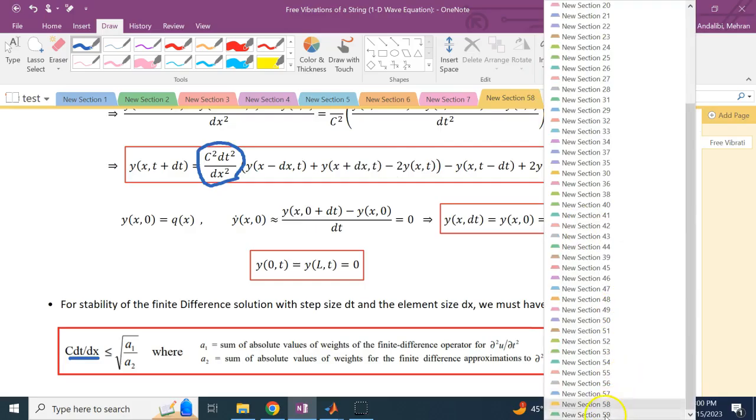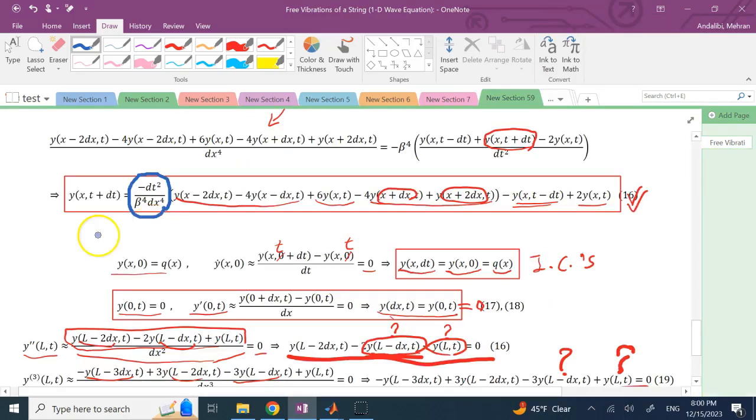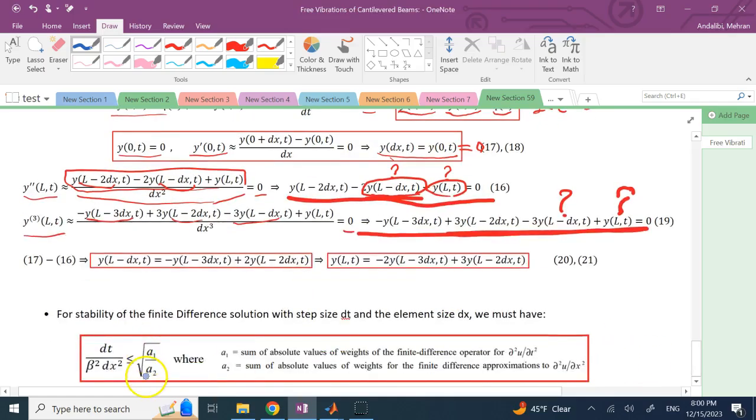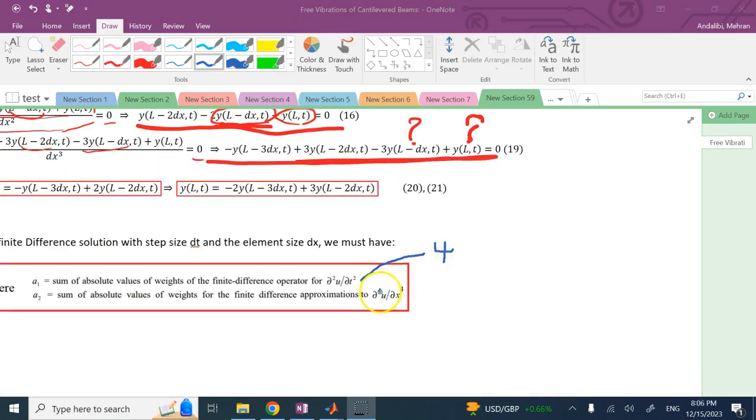The coefficient that we have in the update equation, we look at the square root of that and compare it against the square root of a1 over a2. But this time a1 and a2 are not both 4. I mean, a1 is 4 because I'm using the same, but for the x derivative, it is not 4, and I just fixed this. It's the fourth derivative of x, not second derivative of x. Again, that's the problem of copying from your previous videos.